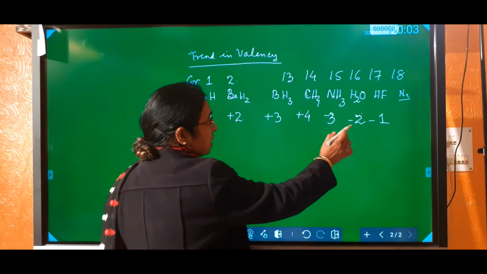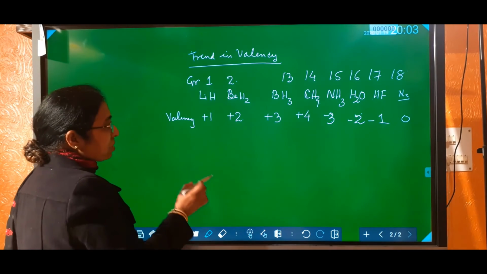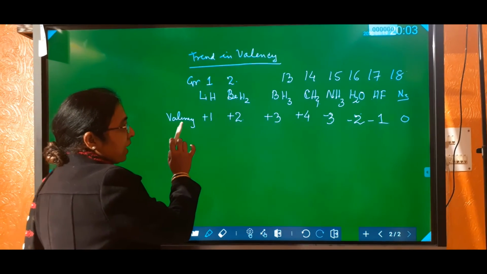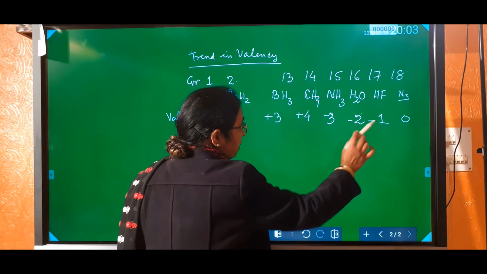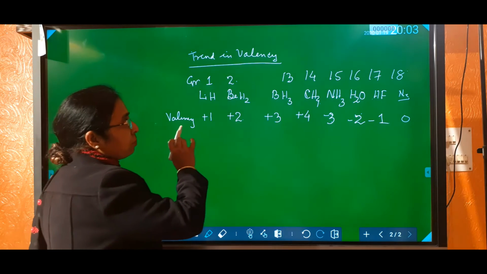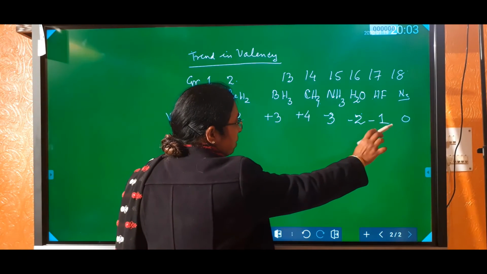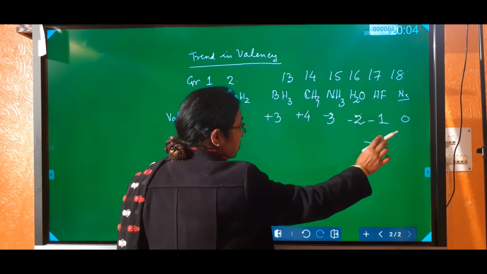This is -3, -2, -1, and neon is not forming any, so this is 0. So what you can observe is that along the period the valency increases up to 4 and then again decreases to 0.